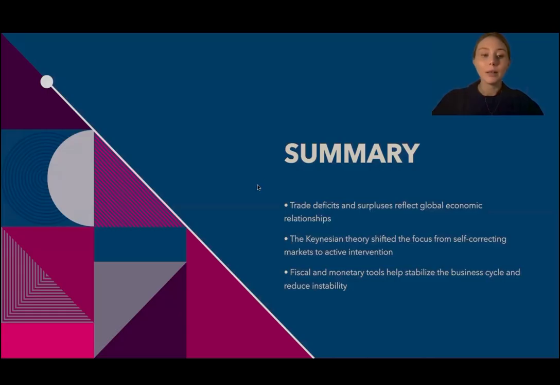Monetary and fiscal policies help to manage inflation, employment, and the business cycle. All of these are not just theories, but they help us understand how government and people respond to challenges to help the economy and the nation keep everything stabilized and prosperous.